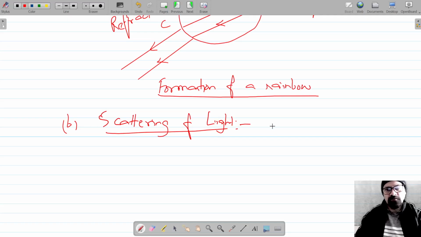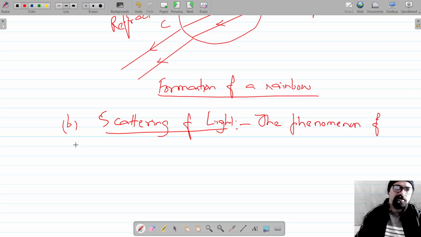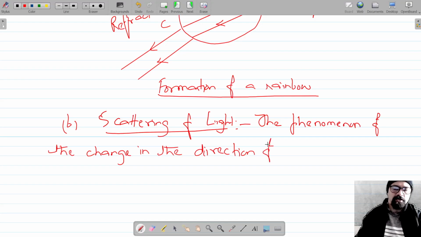For scattering of light, our definition is: the phenomenon of the change in the direction of propagation of light.